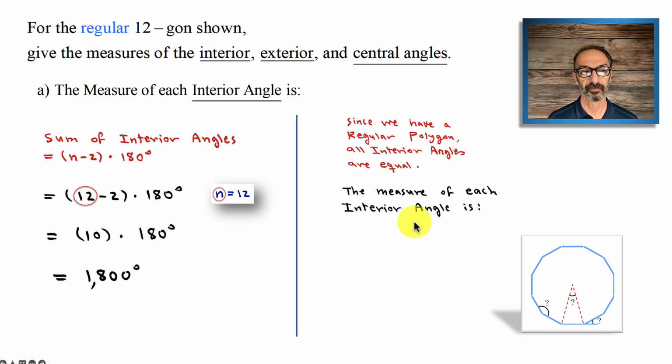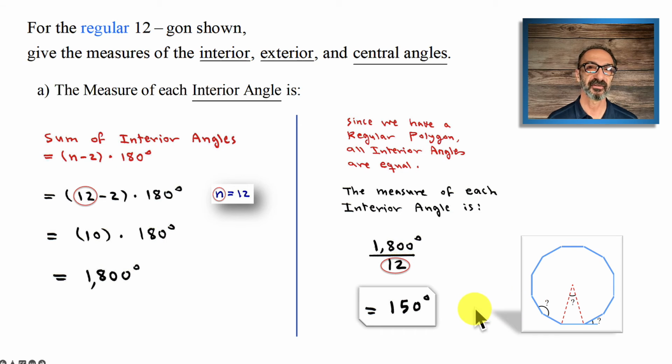So the measure of each interior angle will be, take this much and divide by 12. So divide it among all these 12 interior angles. And the answer is 150 degrees. Kind of like wide open, as you could see. Kind of confirms it, because if you end up with 72, it doesn't look like 72 in the figure. Something to help. Okay, next.